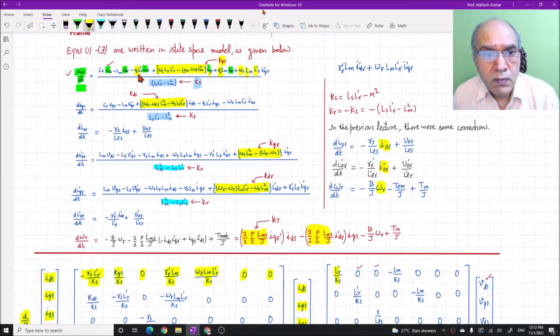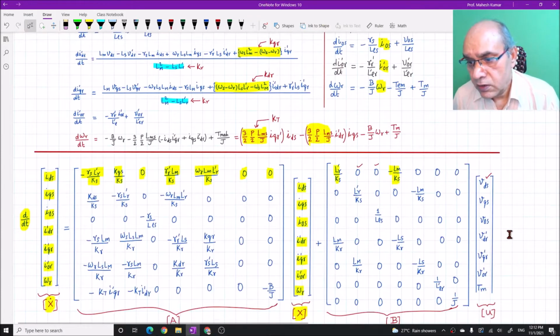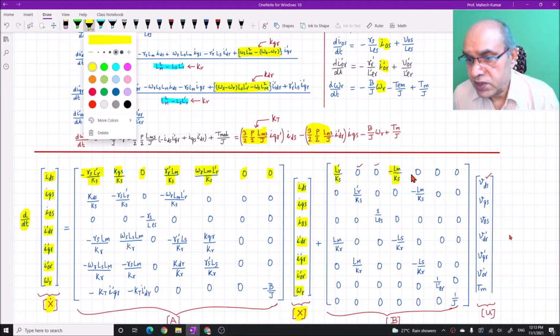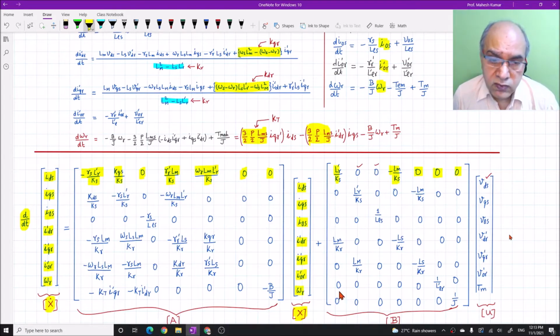So this is minus Lm by Ks here. Then the other coefficients, Vqr dash, V0r dash and Tm, are 0. This forms the first row of the A matrix and B matrix.